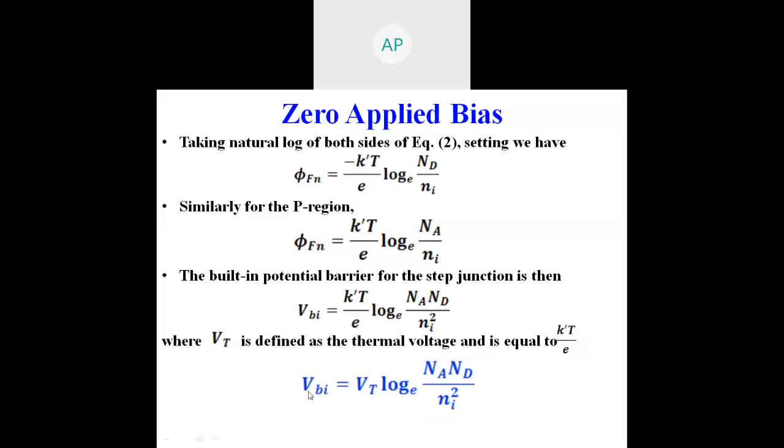So finally, the contact barrier potential near the junction is given as VBI equal to Vt log to the base e of Na into Nd divided by Ni square. Here Na is the acceptor, and Nd is the donor.